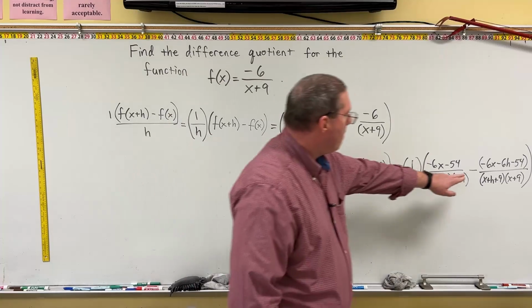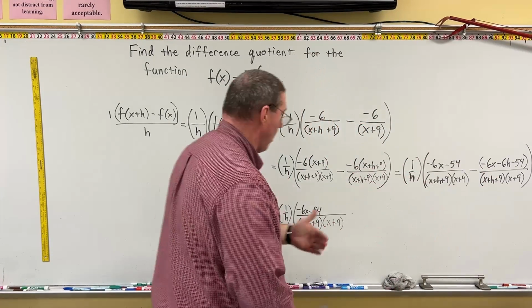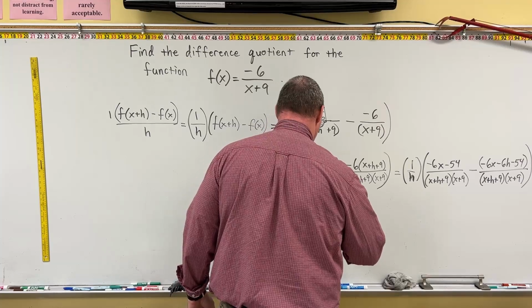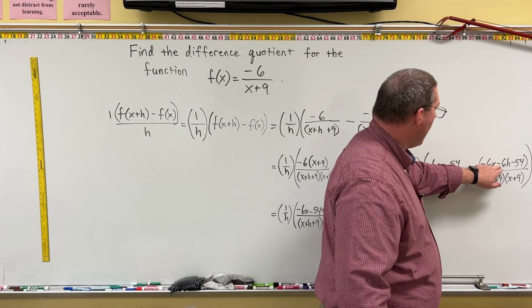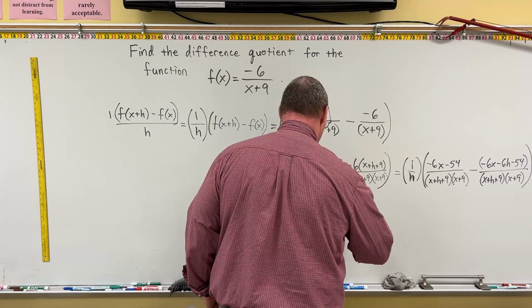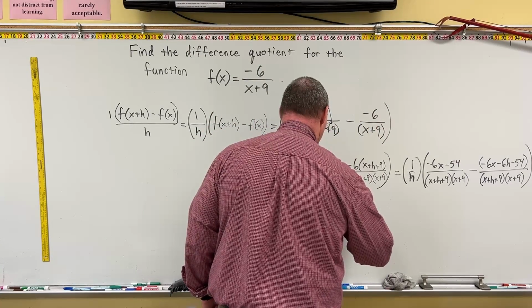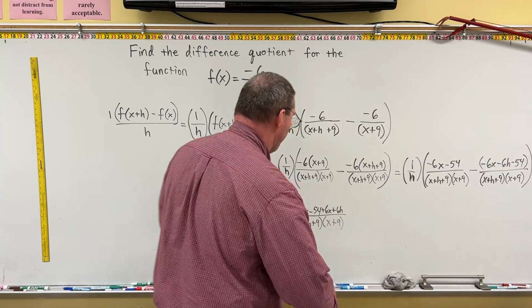Now we're going to do minus negative 6x. Well, minus negative 6x is plus 6x, minus negative 6h, that's plus 6h, and then minus negative 54 is plus 54.